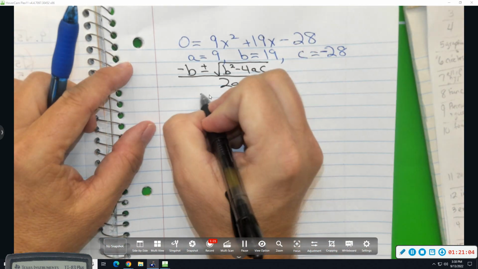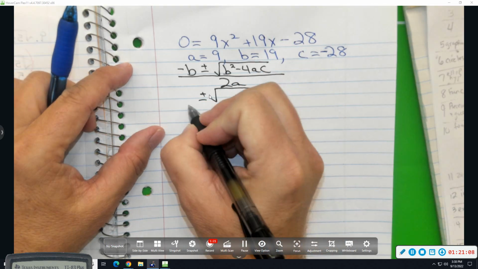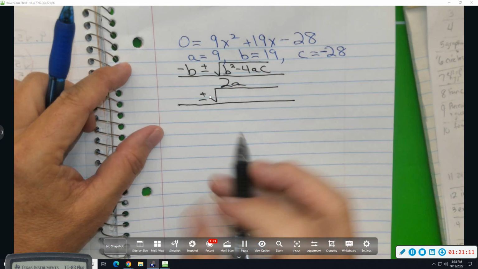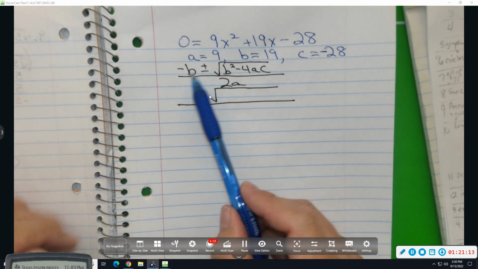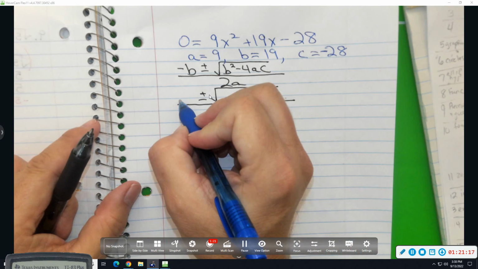Negative b, the opposite of positive 19, so what are we going to have right here?